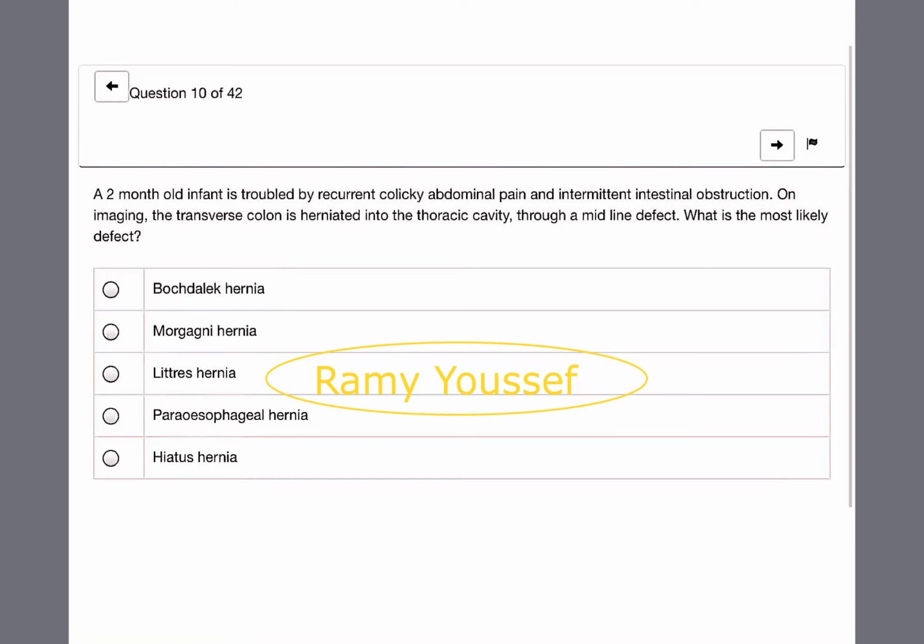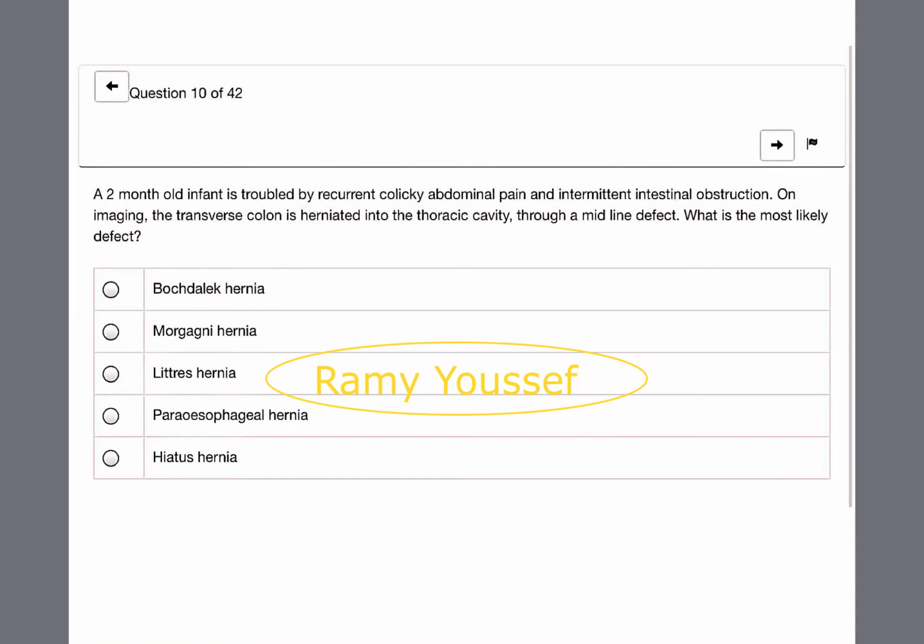Because there are two types. One is the central and the other is the marginal. No, I'm talking about the options here. Diaphragmatic hernia, congenital, Morgagni, and Bochdalek. So this is the congenital diaphragmatic hernia we expect, yes?